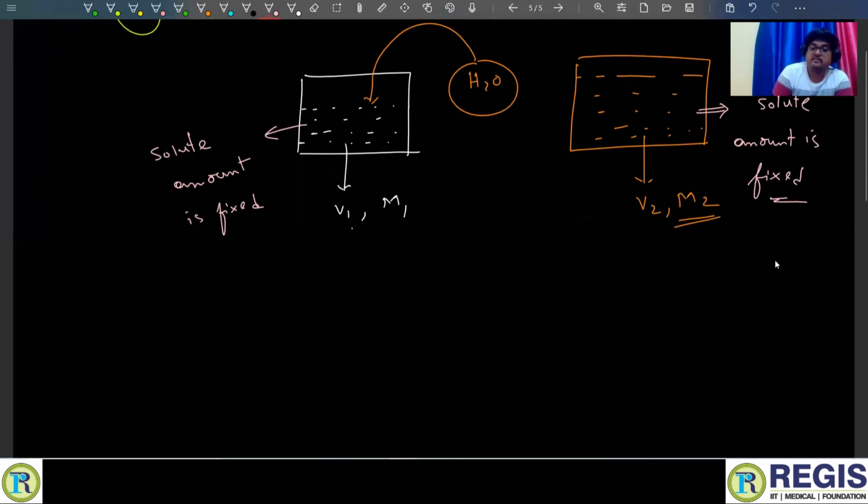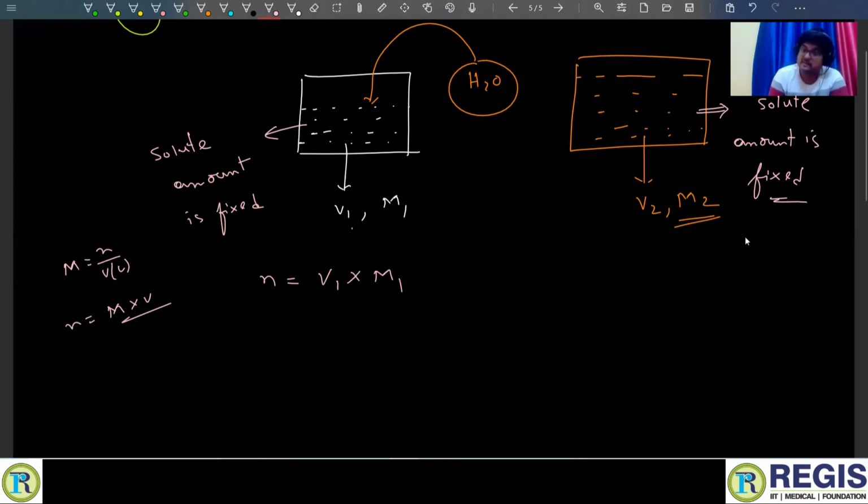Now if the solute amount is fixed, can I write number of moles? Here, what is number of moles? We all know that molarity equals number of moles by volume in liters. So number of moles equals molarity into volume. So can I write number of moles N equals M1 V1? In this case, solute amount is fixed.